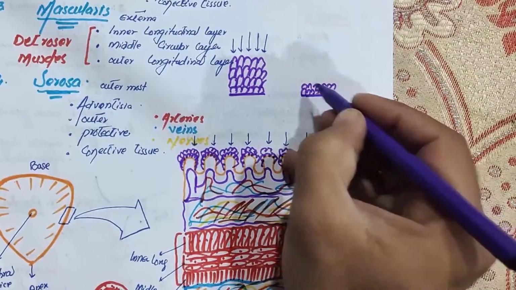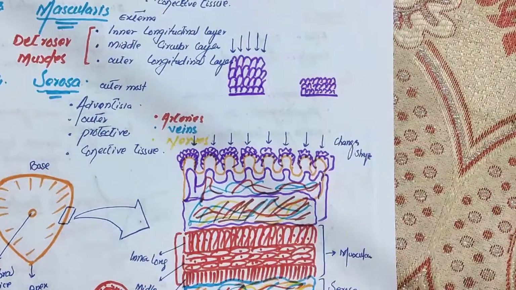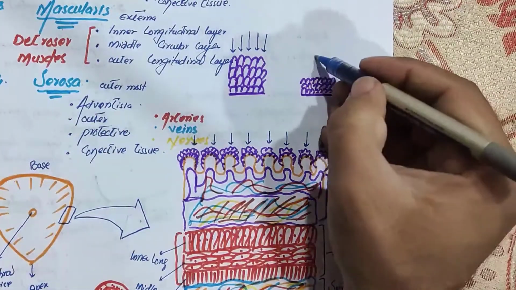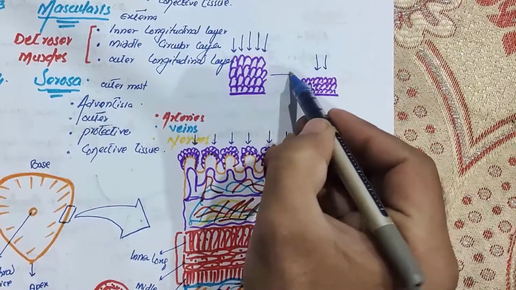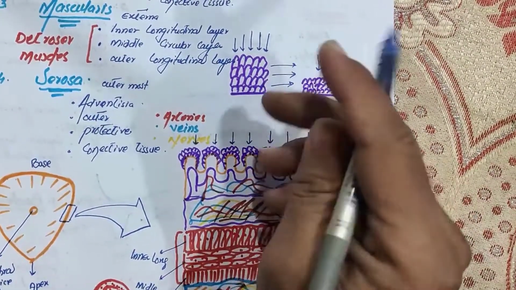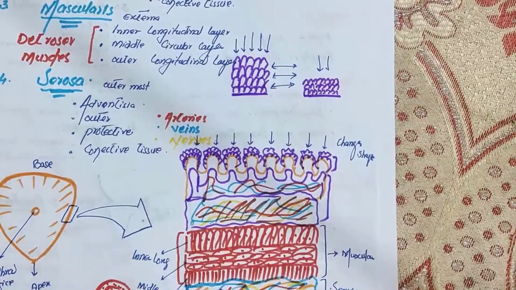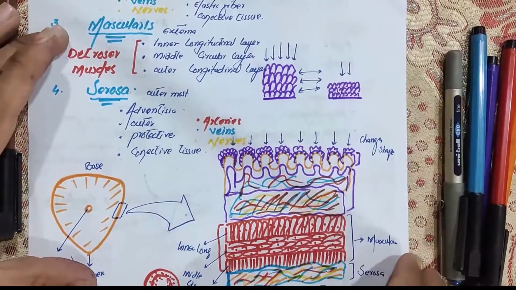So when the cell size is decreased, there is more space created for the urine, so that your urinary bladder will expand a little bit and there is less pressure of the urine again. So in order to give area or volume for the urine, the transitional epithelium changes its shape, and when the urine is empty, it comes back to its original shape. So this is called transitional epithelium.